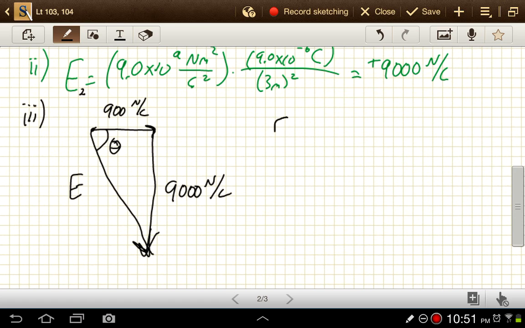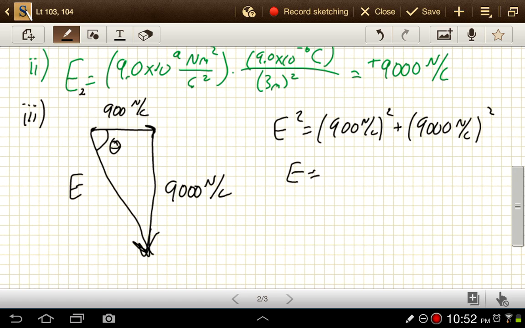So now E squared is going to be equal to the 900 newtons per coulomb squared plus the 9,000 newtons per coulomb squared. So then E is equal to 900 squared plus 9,000 squared, to the 0.5 power, we get 9,045 newtons per coulomb.